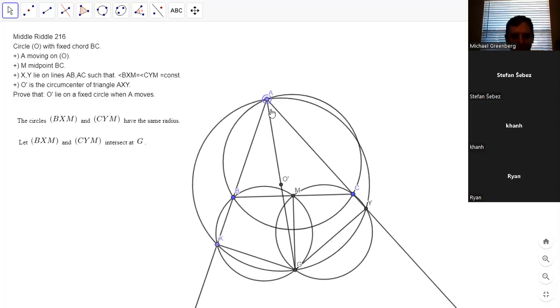It lies on the perpendicular bisector. Okay. It's obvious that it lies on the perpendicular bisector, and so angle BGC is constant.